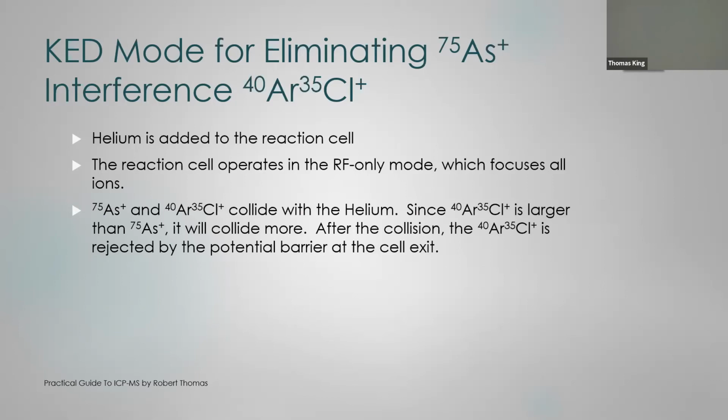So this molecular ion is eliminated by passing through the reaction cell. Since the argon chloride is larger than the arsenic, it will collide more. After the collision, the argon chloride is rejected by the potential barrier at the cell exit. So without this way of removing the interference, we would not be able to analyze for arsenic using ICP.